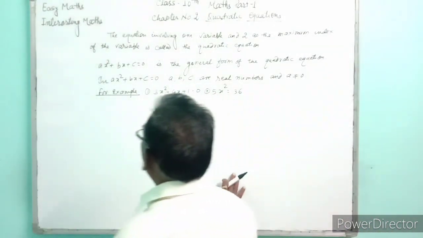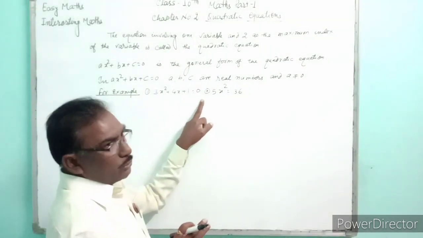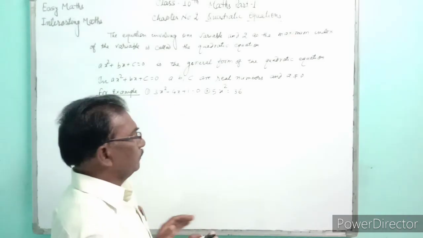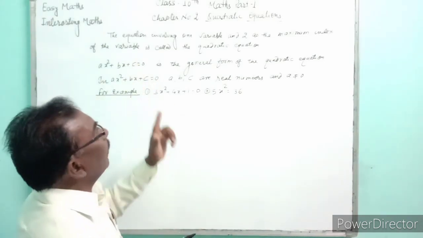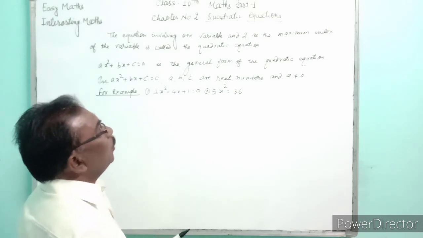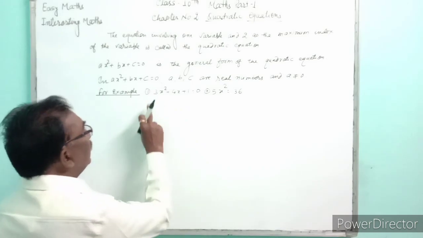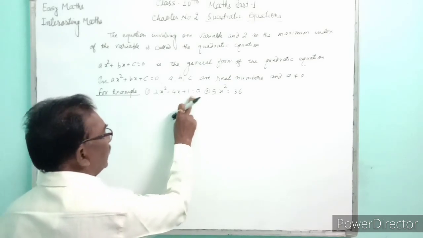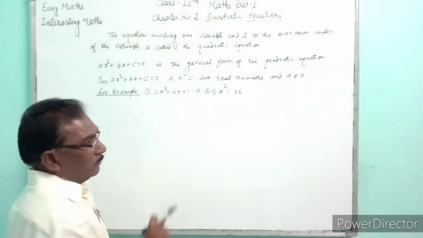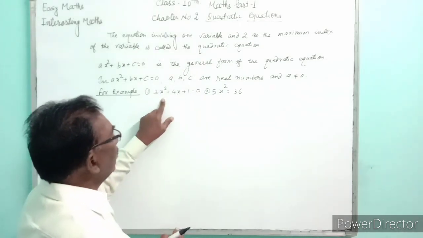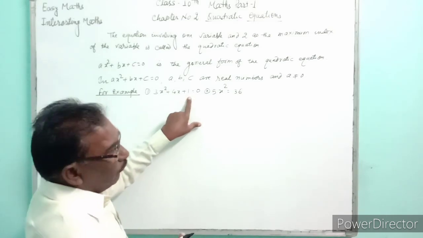For example, 3x square plus 4x plus 1 is equal to 0. This is a quadratic equation. According to our definition, the equation involving one variable and 2 is the maximum index of the variable is called the quadratic equation. In equation 3x square plus 4x plus 1 is equal to 0, 3 is the coefficient of x square, 4 is the coefficient of the middle term, and 1 is the constant.